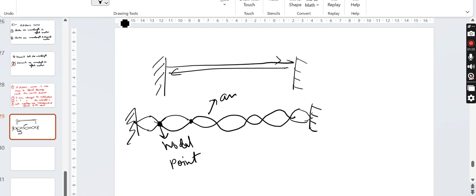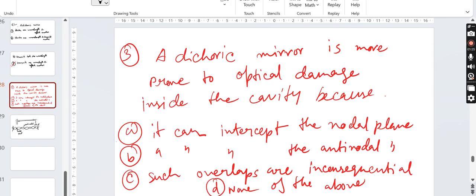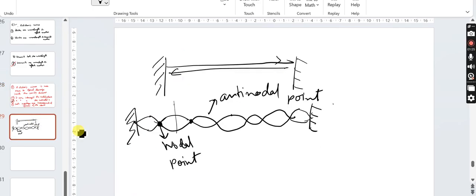Nodal points have zero intensity, but the antinodal ones have maximum intensity. And these antinodal points can damage the dichroic mirror, so it can be prone to optical damage. It can intercept the antinodal plane because it can be placed anywhere inside the cavity. We don't know how the standing wave will form, so at the face of the dichroic mirror, an antinodal point can be formed.